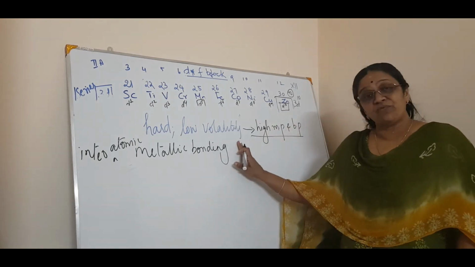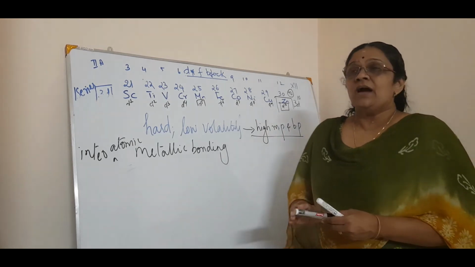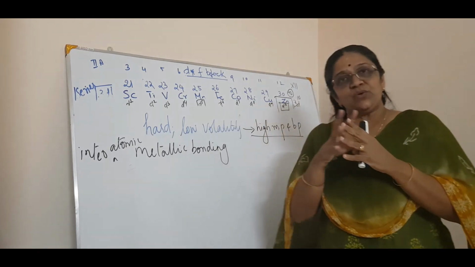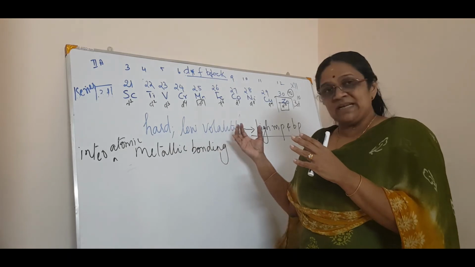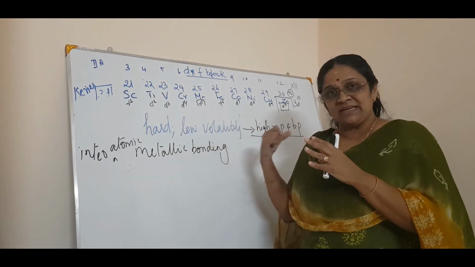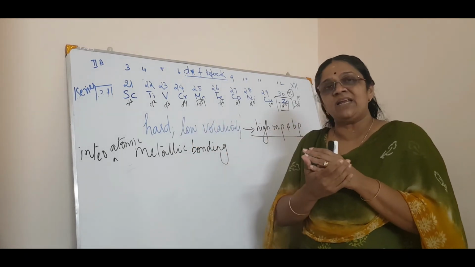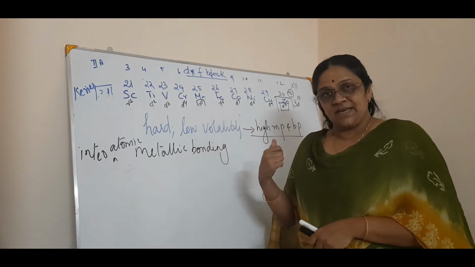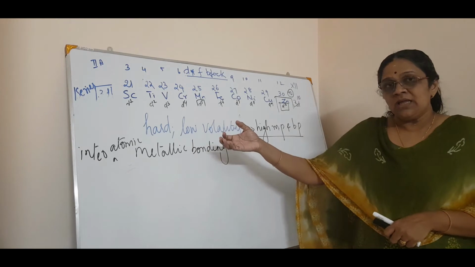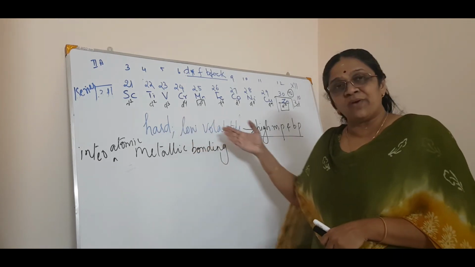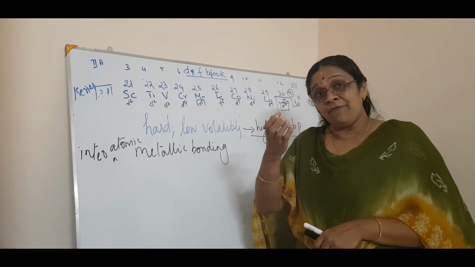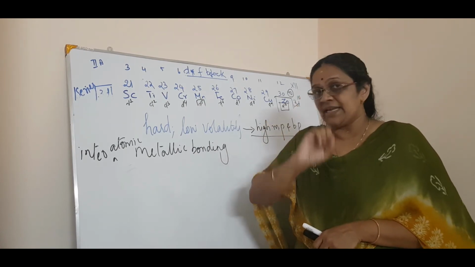So due to the presence of this metallic bonding, when metallic bonding happens, all these metals, the transition metals, from left to right the size is decreasing. Why? Because the effective nuclear charge is increasing.